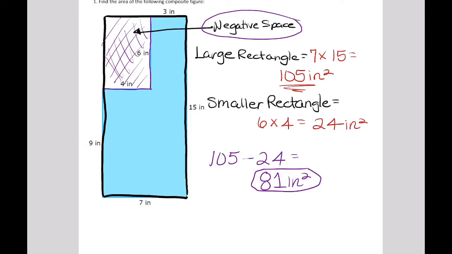That's the most important thing. So it's okay whether you look at it as a tall rectangle and a not so tall one, or a large rectangle and a small rectangle, or you see a negative space. It doesn't matter one bit. What's important is that we all ended up at the same conclusion of getting 81 square inches.